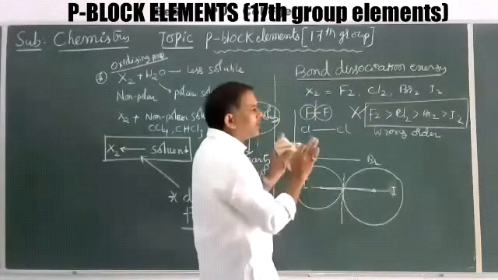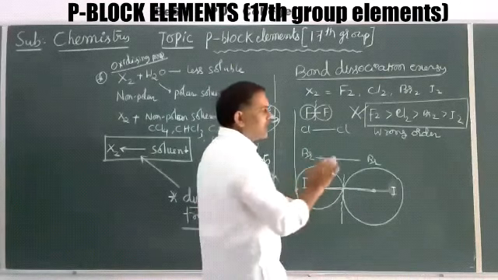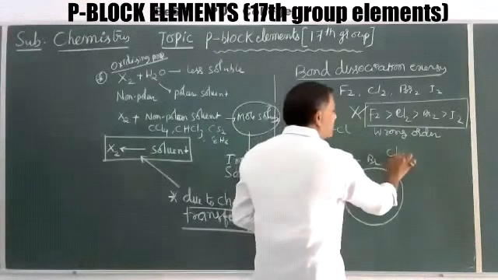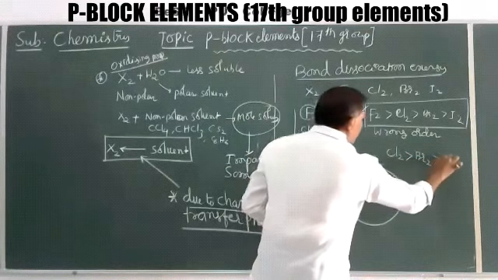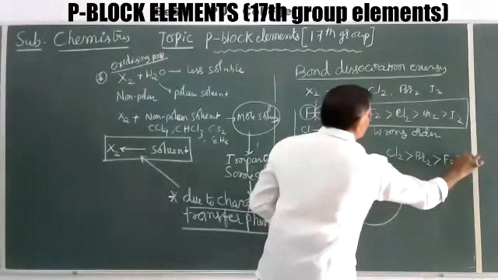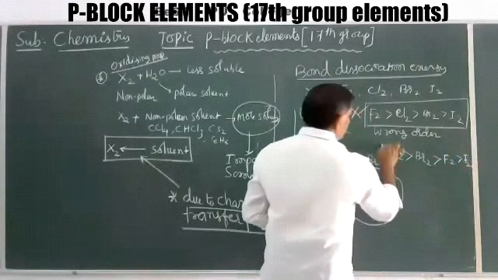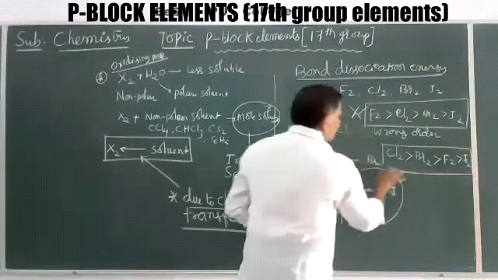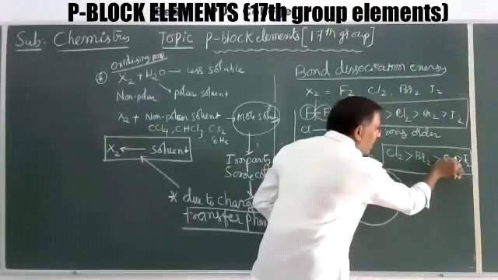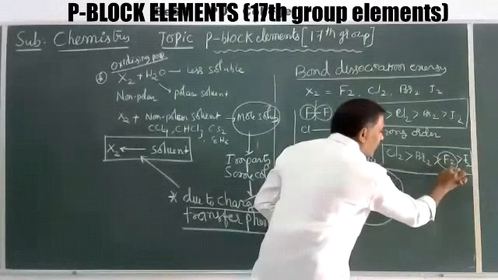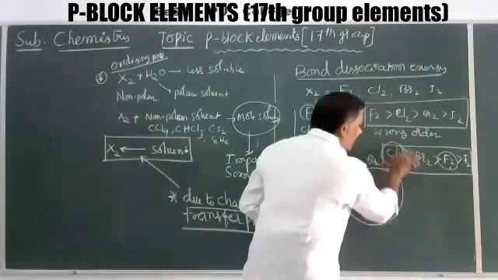The reason behind that is a very, very important 2 marks question. The correct order is Cl2 is greater than Br2, then F2, then I2. This is the correct order of bond dissociation energy. Generally they ask why the bond dissociation energy of fluorine is less than chlorine.